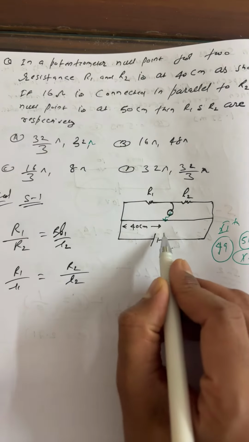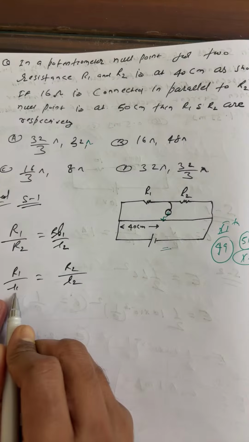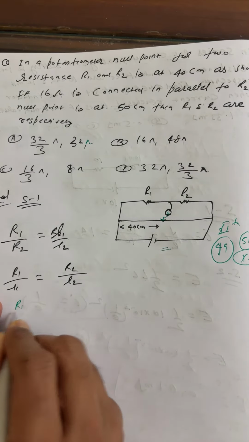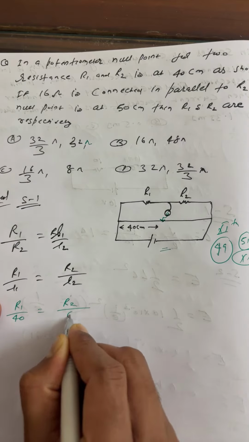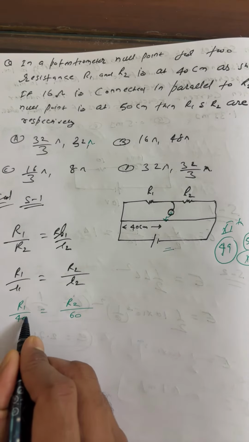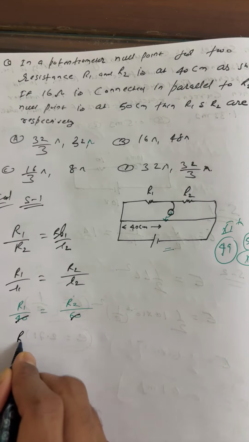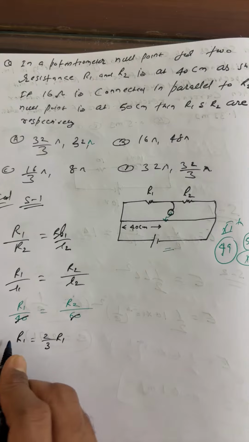So this is 40, and the remaining is 60 only. So finally, R1 upon 40 centimeter and R2 upon 60 centimeter. Right, beta? So this is 40 and this is 60. So you can write R1 equals 2 by 3 R2.